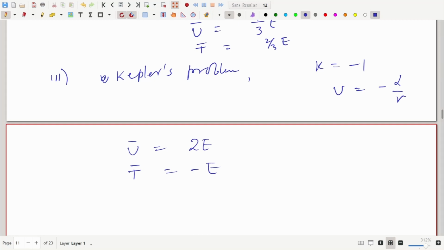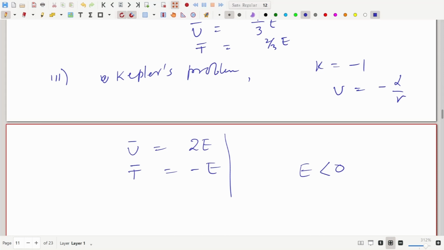This apparently looks like a disappointing result, because kinetic energy is negative, but that is not true. Kepler's problem is a bound state problem, and E is always negative. So the kinetic energy is positive, and the average potential energy is 2 times the total energy.